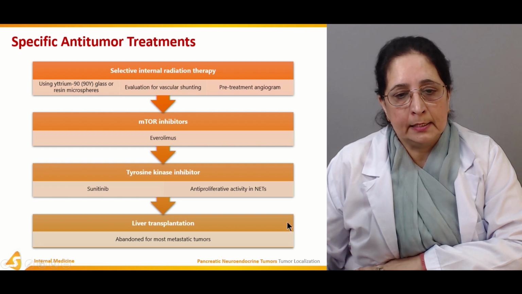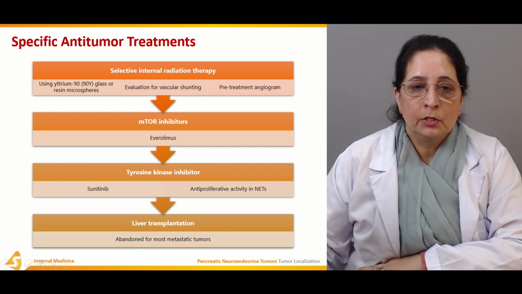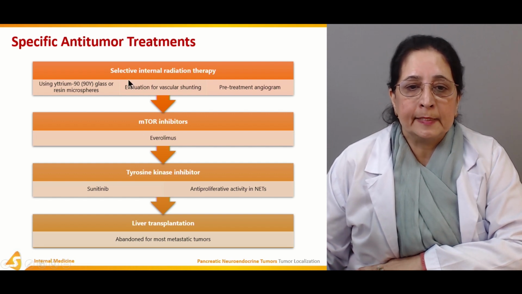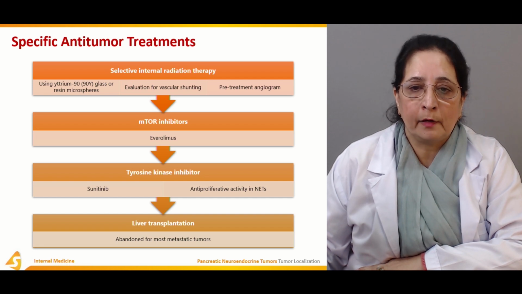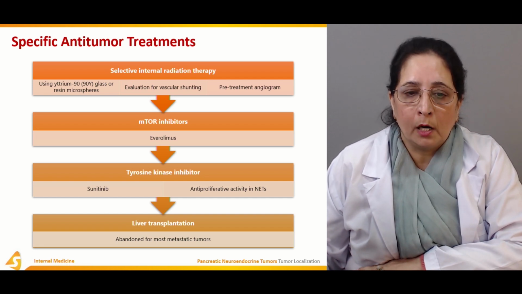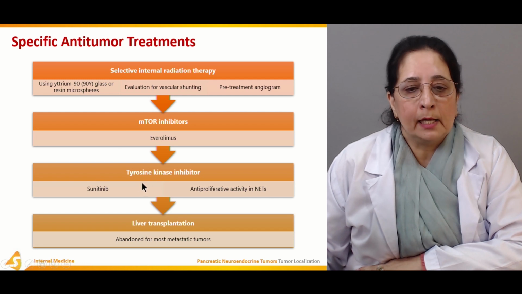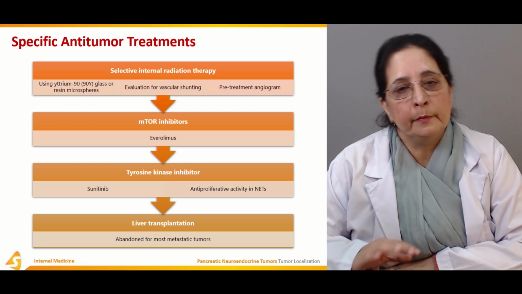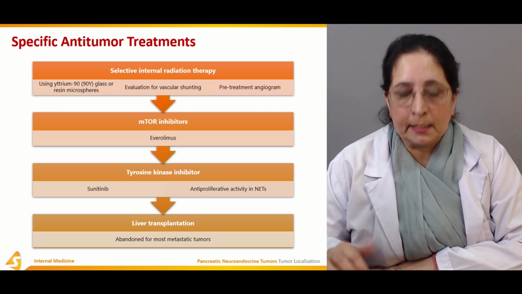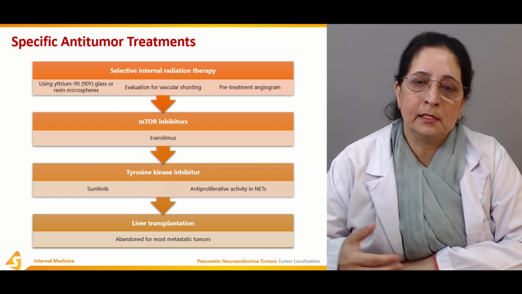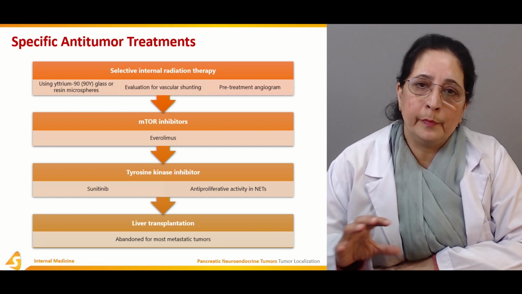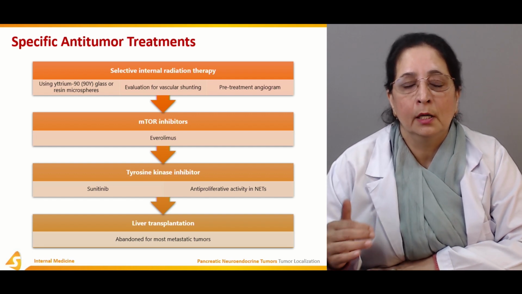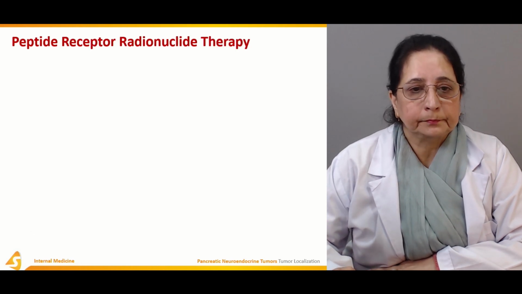So we have selective internal radiation therapy, mTOR inhibitors, tyrosine kinase inhibitor, and finally liver transplantation, but it's abandoned in metastatic tumors because they have metastasized to other organs besides the liver, so liver transplantation may not be effective in these cases.